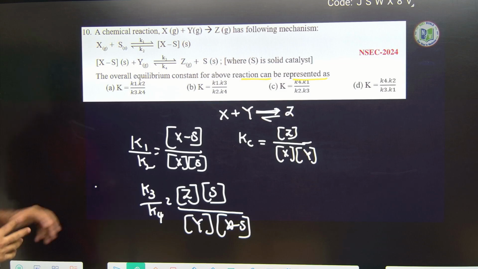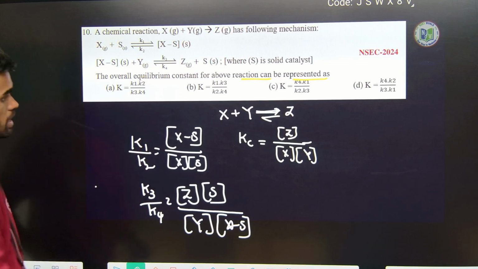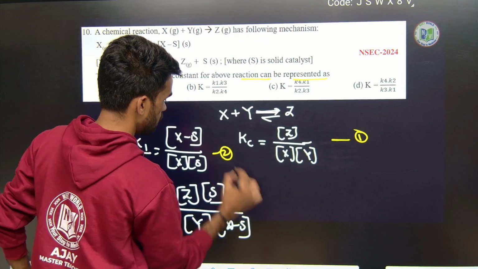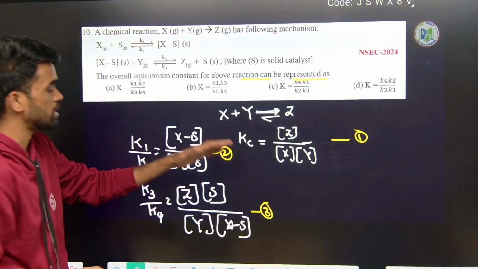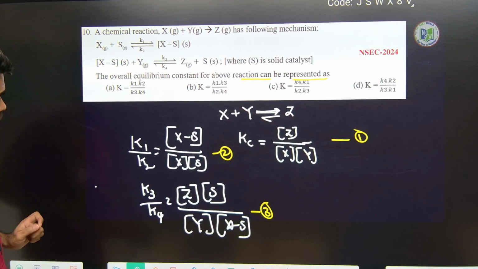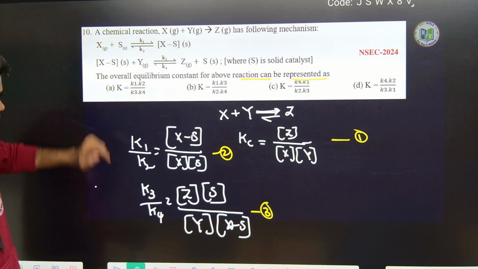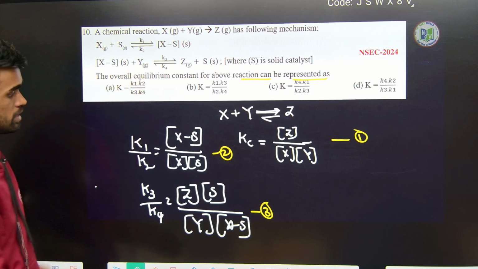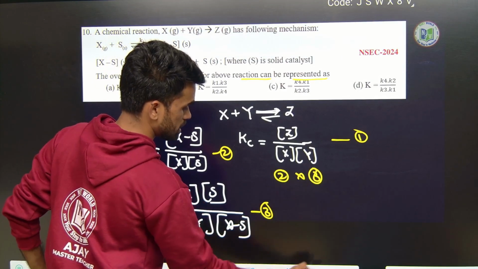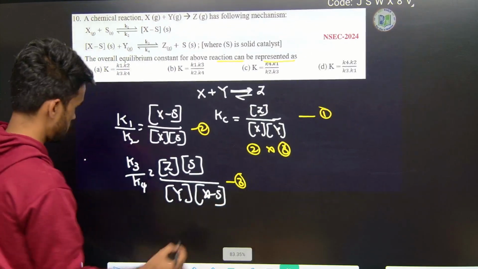So now try to observe these equations. Let us say this is equation 1, 2 and 3. How did we get these equations? Completely from the given data. Okay. So try to multiply equation 2 and 3. By multiplying equations 2 and 3, what are we going to get? Just check here.